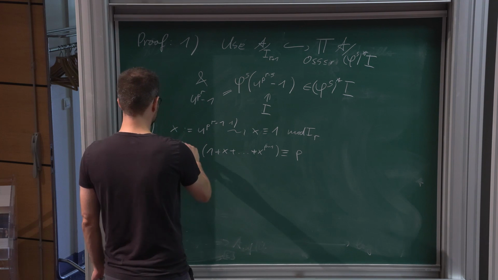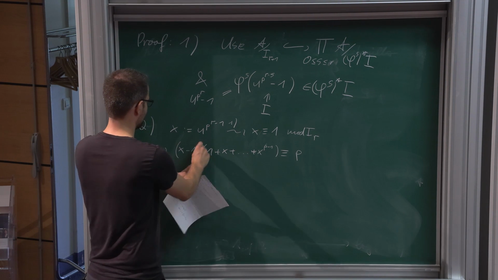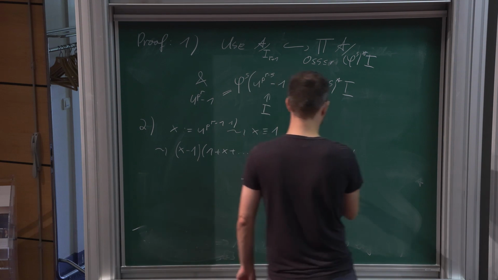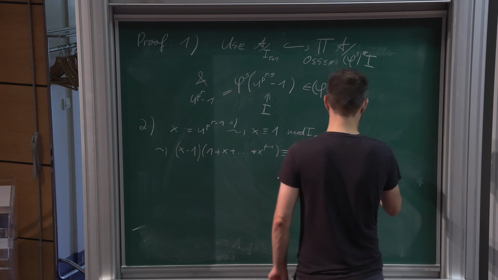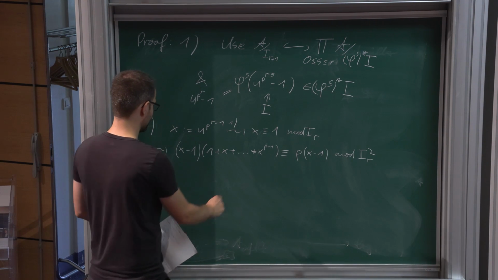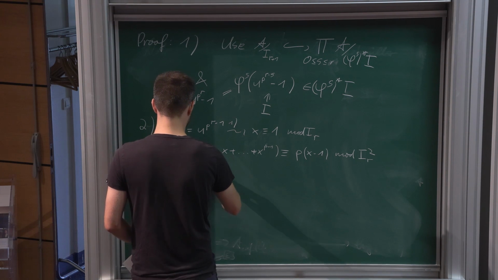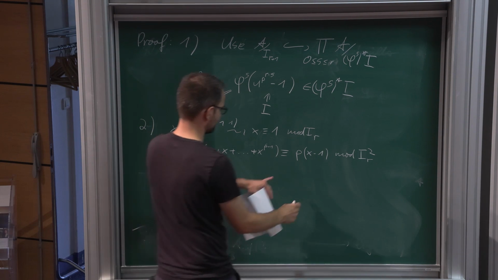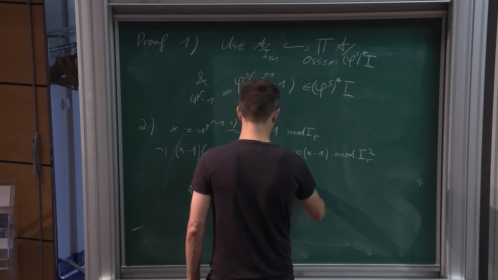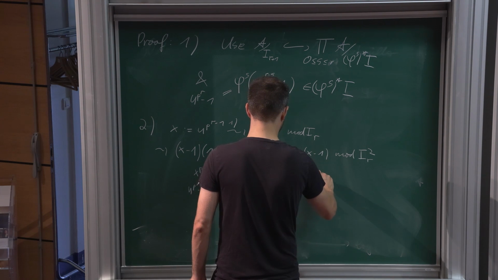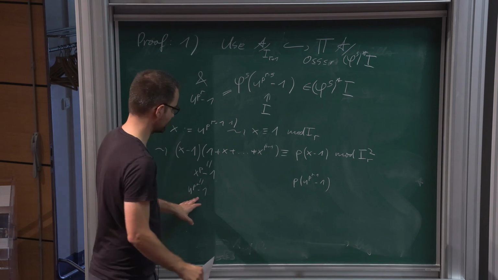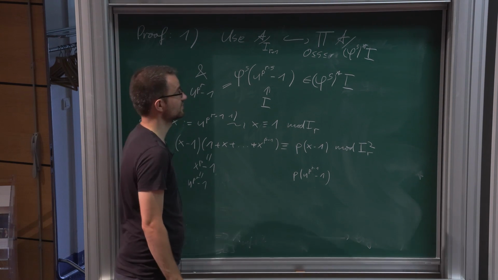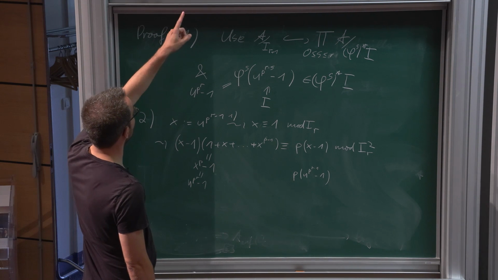But then I can also multiply by x minus 1, and so this will be congruent modulo I_r squared. Now I can equate this: x to the p minus 1 is equal to u to the p to the r plus 1 minus 1. And so this is p times u to the p to the r minus 1 minus 1. If we divide by p, it exactly maps to that thing. And so this finishes the construction of the prismatic logarithm.